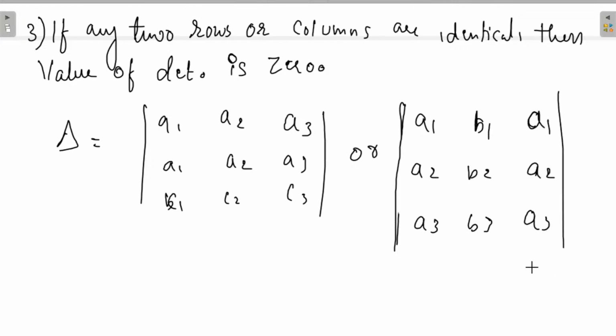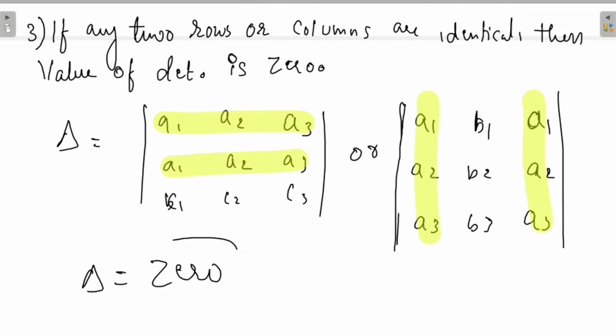If any two rows or two columns of a determinant are identical, the same copy, then the value of the determinant will be 0.